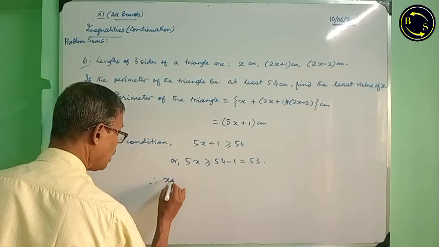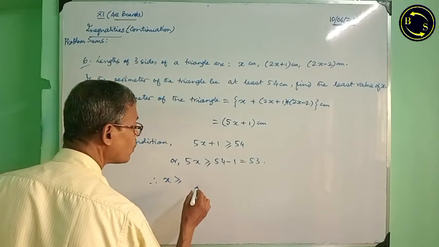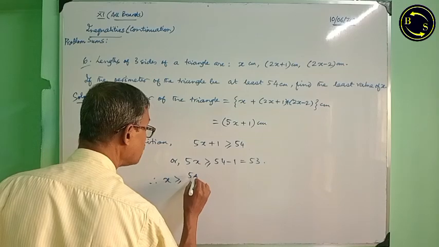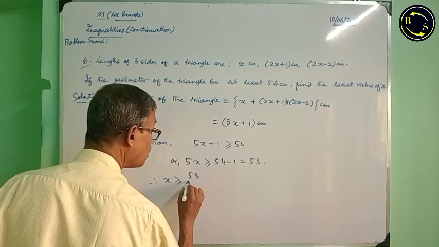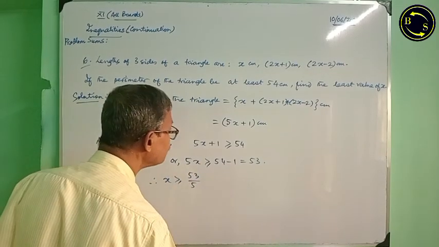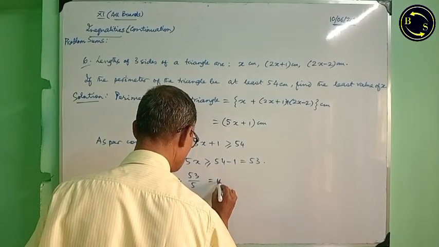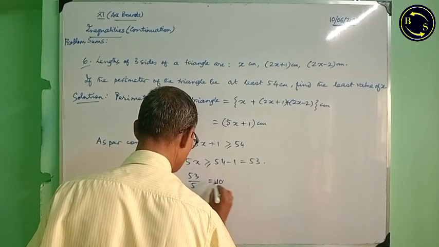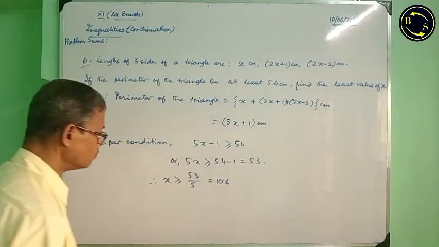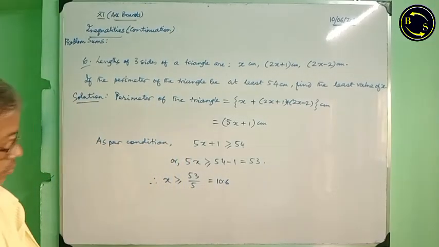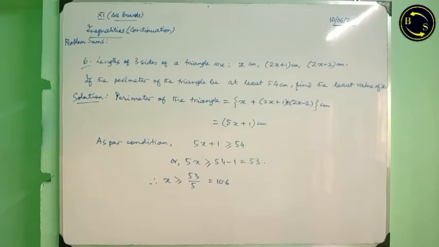Therefore, x is greater than equal to 53 by 5, that is 10.6.